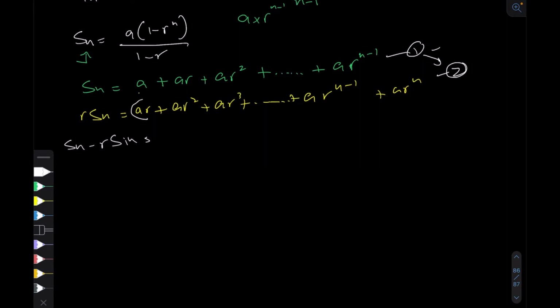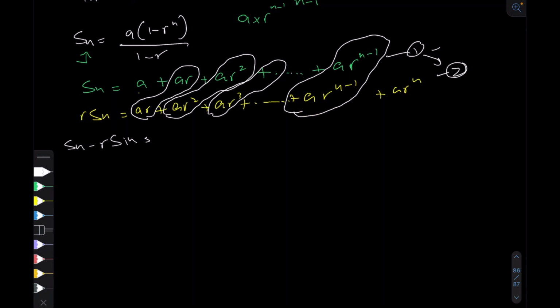If I pair ar with ar over here, ar minus ar would just be 0, and then ar squared minus ar squared is 0, ar cubed is 0, and I can do this all the way till ar^(n-1). After I do this, I am left with ar^n because there's no ar^n over here, and a is also left because there was no a here.